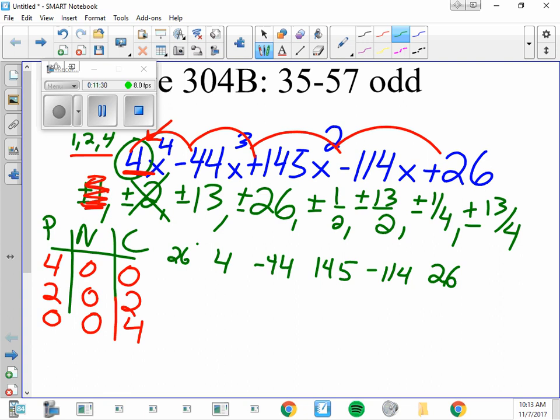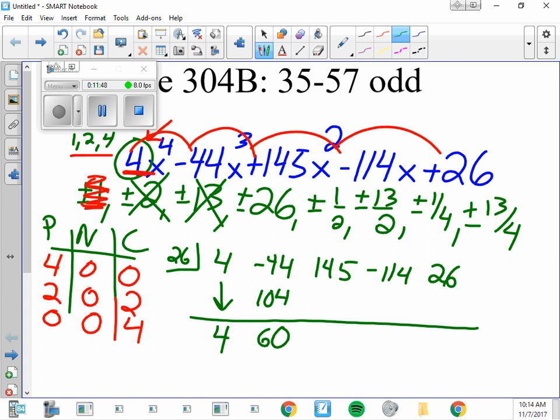Let's try 26. So 4 times 26 is 104. And then negative 44, that's going to be 60. 26 times 60. Okay, is this going to work? No. Okay, good point.